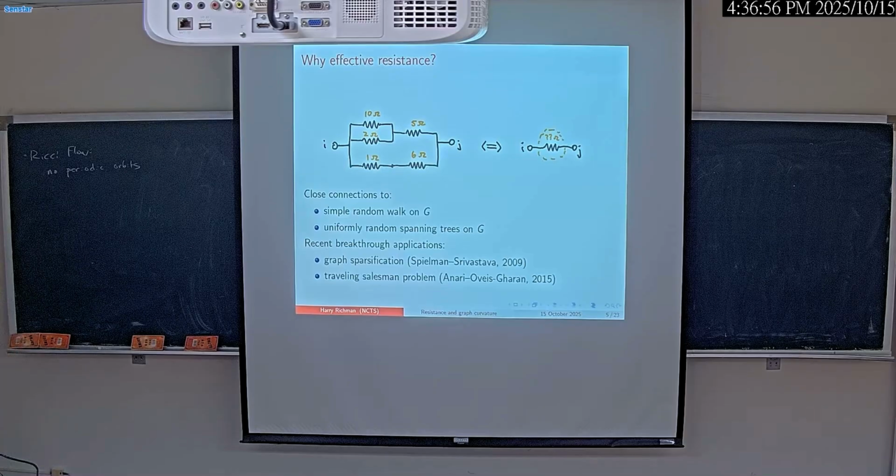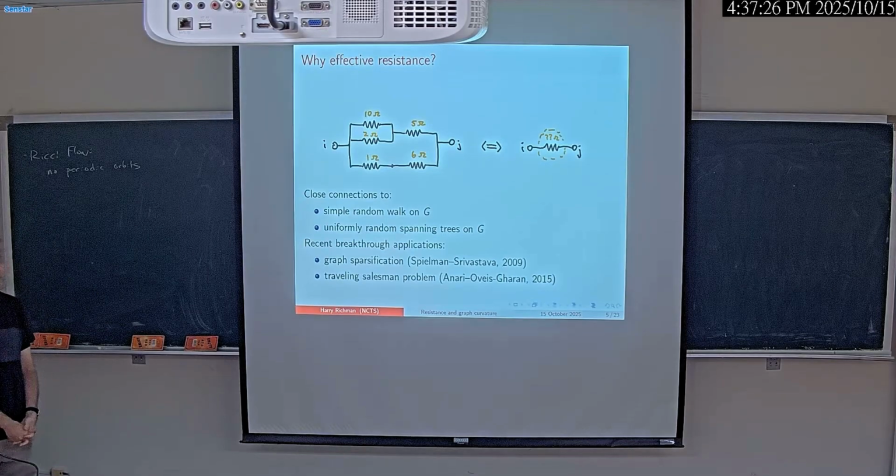When scientists started studying electricity in the 1800s, they discovered you can combine resistors in various circuits, and if you have a bunch of resistors like this and you combine them in this way, you'd want to know what's the resulting overall resistance between these two terminals I and J. Right, so it turns out there is some number here, and there's a way to compute this number.